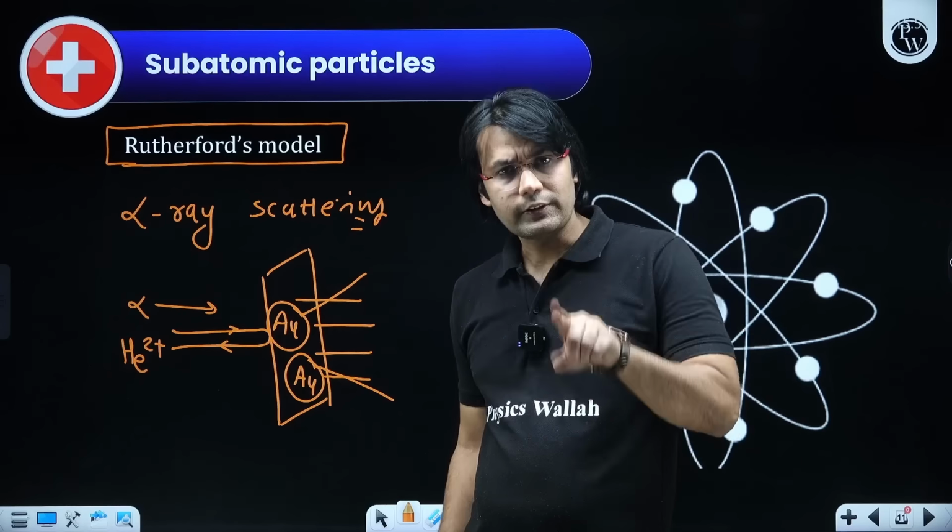Incident energy E can be calculated as hc upon lambda, and the value of Planck's constant is 6.626 × 10^-34. In round off, you can take it as 6.63. In questions, they will give you the value of Planck's constant.